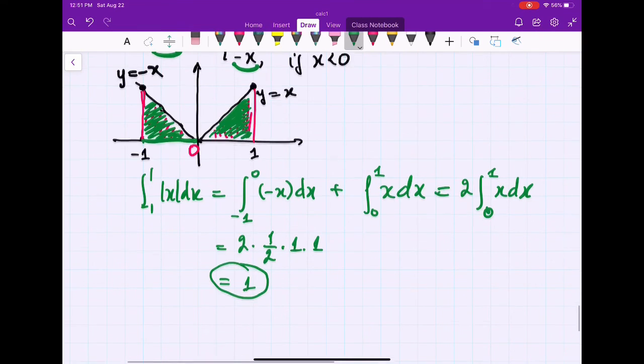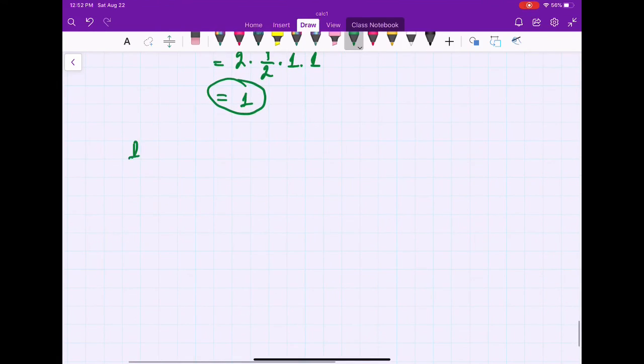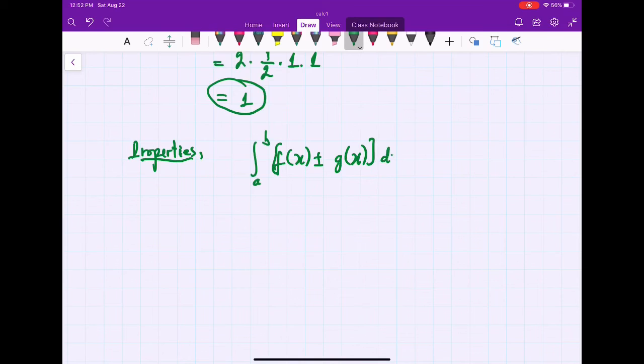Okay. In general, if you have two integrable functions f and g on some interval a to b, you have the following. The integral from a to b of f of x plus or minus g of x equals the sum or difference of the two integrals.